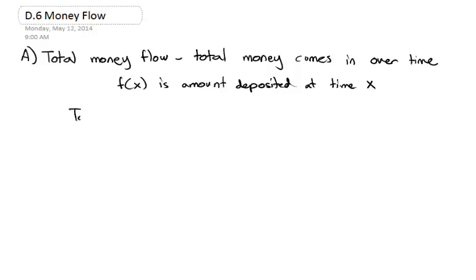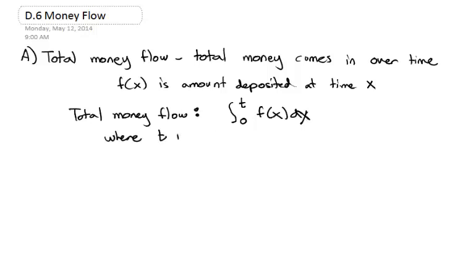The total money flow that comes in is going to be the integral from 0 to t of f of x dx, where t is the amount of time. In other words, if we're looking at a 7-year time frame, t is going to be 7.